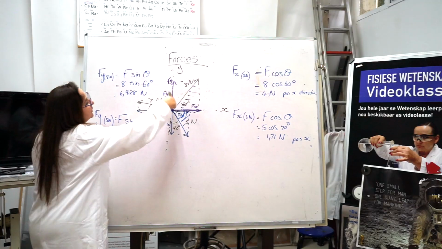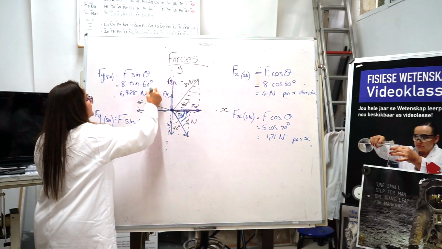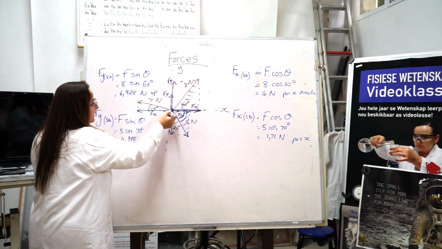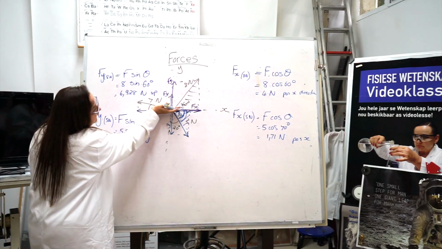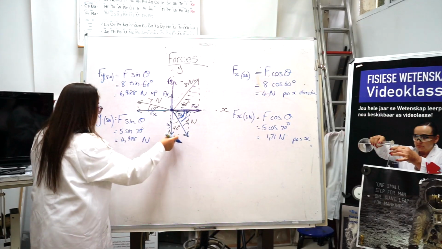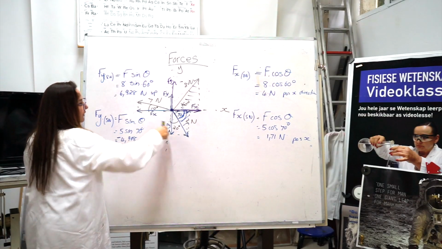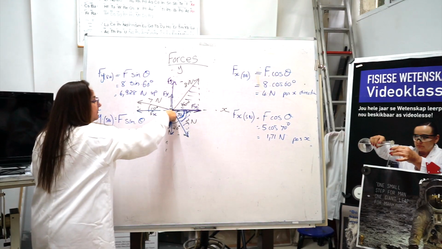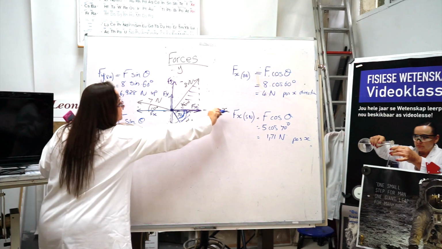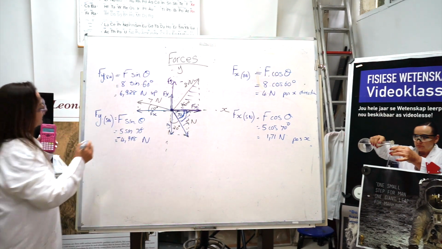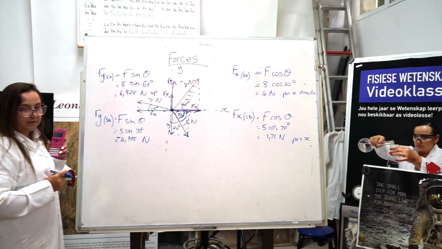And you see that one was upwards, so that's in the positive y plane. But this now becomes, the moment we go under the x-plane, a negative for my y component. So that's my positive y's, my negative y's, my positive x's, my negative x's. Alright, so I'm going to put a minus in front of there.